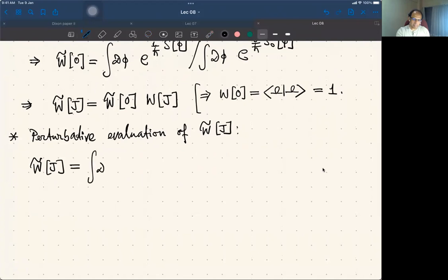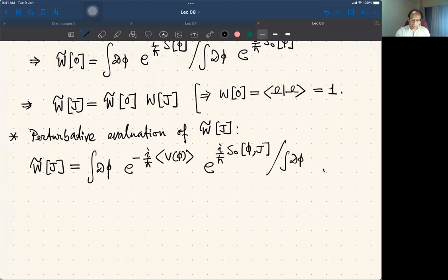So let me write dφ e to the power i/ħ S0 φ, I'm separating out the potential piece from the interacting theory action, and then write e to the power i/ħ S0 φ comma j divided by the integral dφ e to the power i/ħ S0 φ.